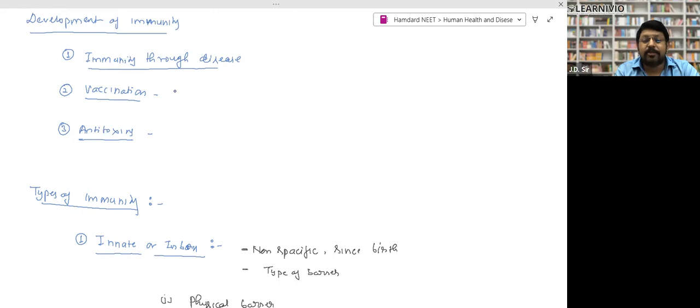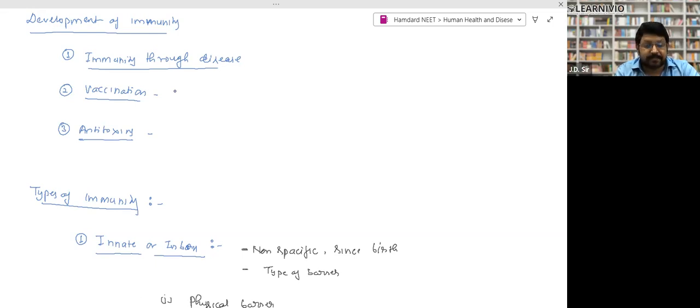And that antibody remains for many years in the blood, right? So when the disease comes the second time, immunity is already in my body, so that disease will not harm me the second time. It means when the infection came the first time, it made me sick, but along with that the disease developed immunity inside me, right?